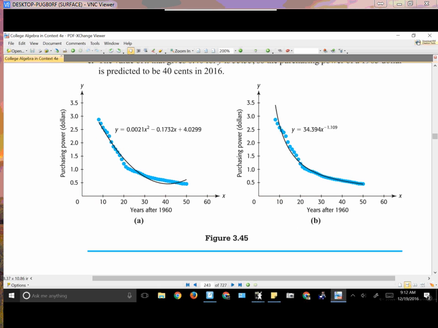The one on the left side there, got a quadratic model. It fits some of the points. Doesn't really look like that good of a fit when you start getting further out in the years, does it? Better fit earlier. What about the other one? That one fits really nice after 20 years, doesn't it? It's not so much to begin with. So, which one's better?